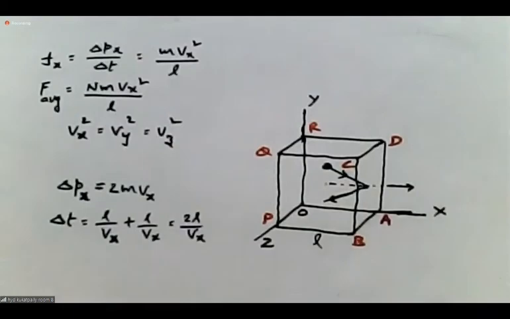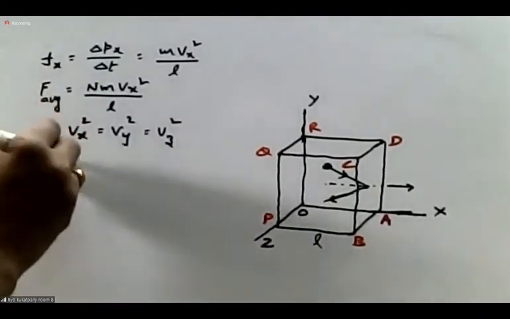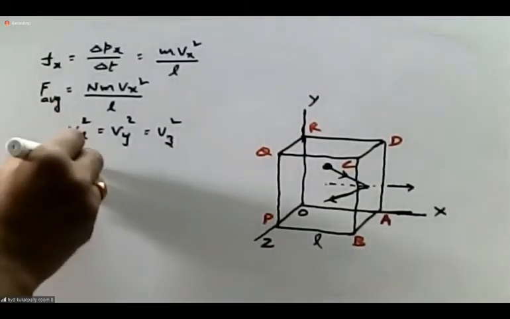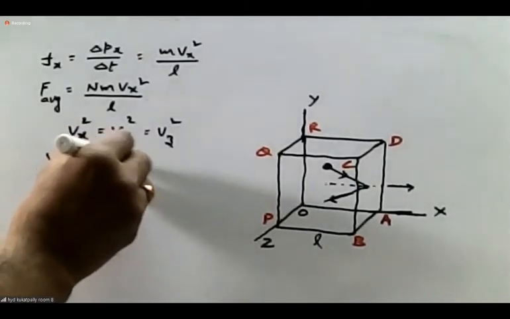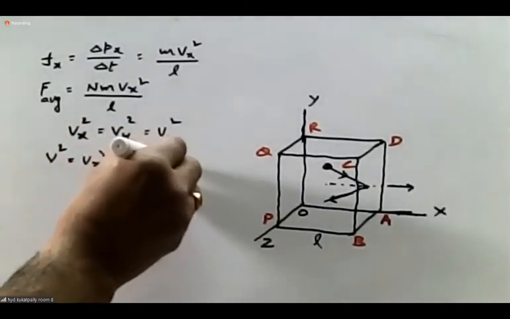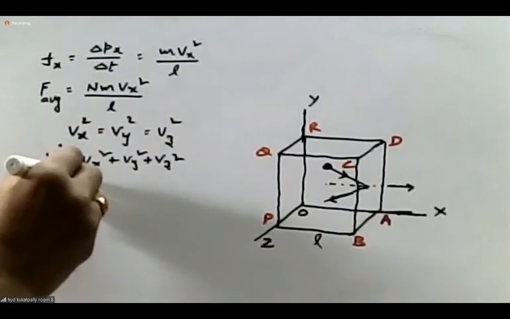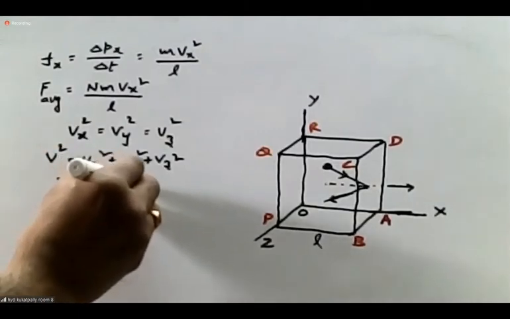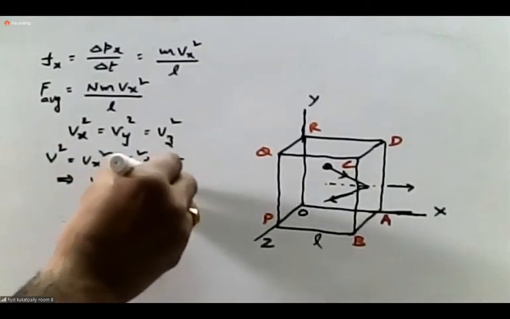Now see what I do. V, the velocity of the molecule, square is equal to Vx square plus Vy square plus Vz square. This implies Vx square is equal to 1 by 3 V square.